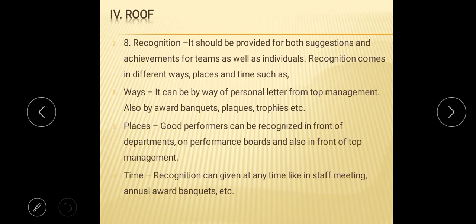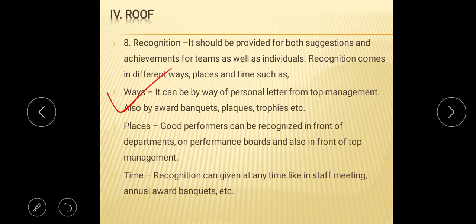As people are recognized, there can be huge changes in self esteem, productivity, quality, and the amount of effort exerted to the task at hand. Recognition comes in its best form when it is immediately following an action that an employee has performed. Recognition comes in different ways, places, and times.